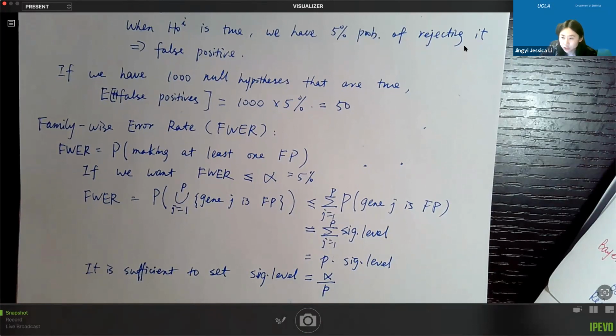So essentially, we are just adjusting the significance level for each test to be the family-wise error rate we want to achieve divided by the number of tests. And we'll call this simple procedure Bonferroni correction.